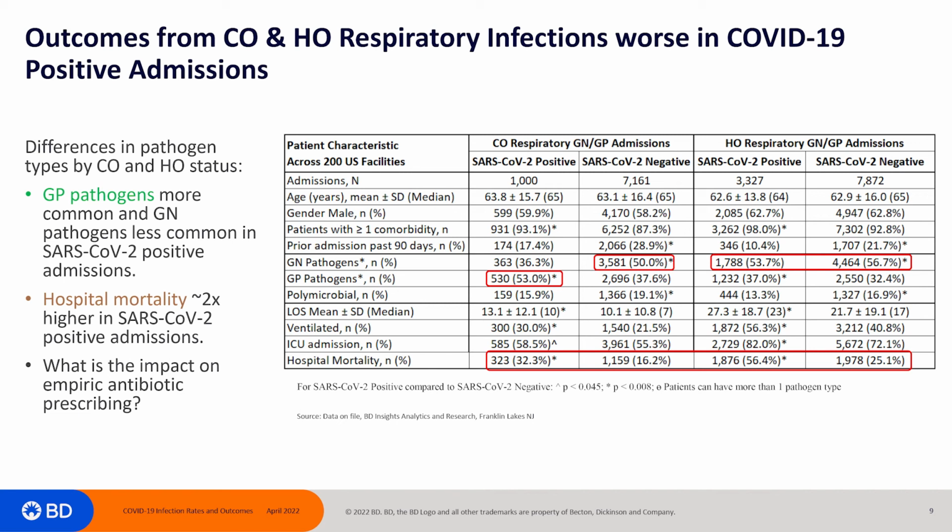And so this has impact on the importance of empiric antimicrobial prescribing. So there's always this balance now, especially since the CMS codified the requirement, as a condition of participation, for antimicrobial stewardship programs to be in a hospital that bills CMS. And so there's this balance between going broad for empiric antimicrobials and doing just enough to get what ultimately grows out.